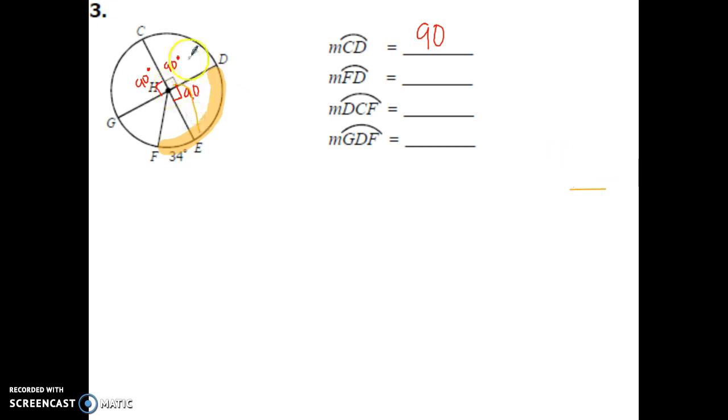So we know a couple pieces of information, such as that DE is 90. We also know that FE is 34. And so with that said, we can just say 90 plus 34. That is going to give us 124 degrees.